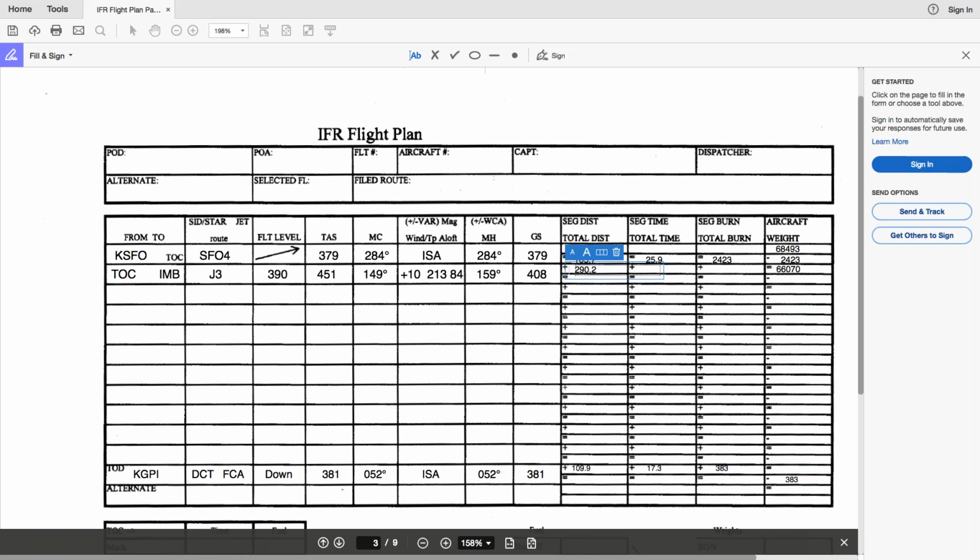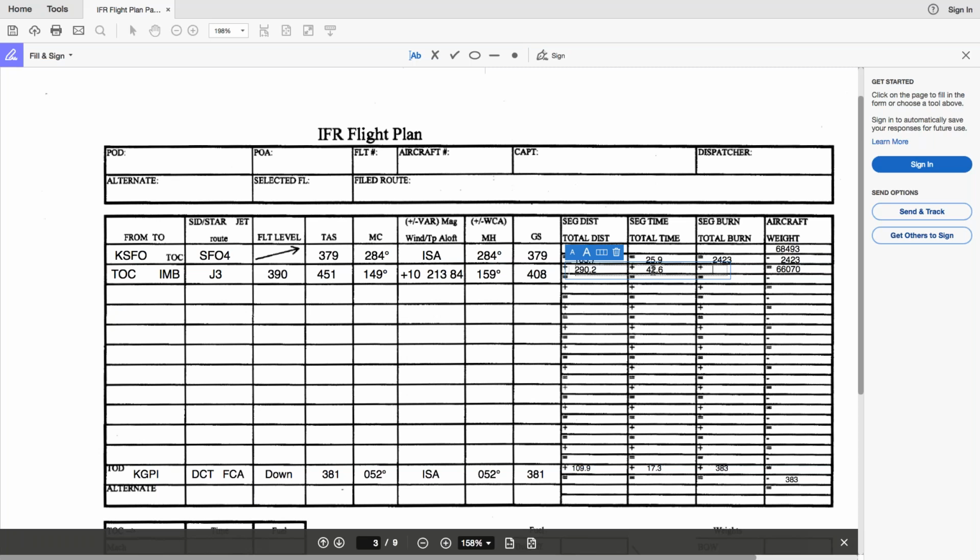So 42.6 minutes. Okay, and now we need to figure out our burn. So we take that 42.6 minutes. Remember that number. We need our burn of 1549. We multiply that by 2 and then divide it by 60 minutes.